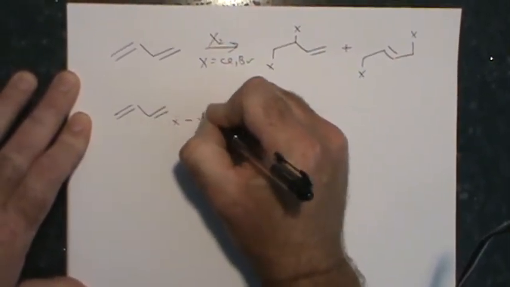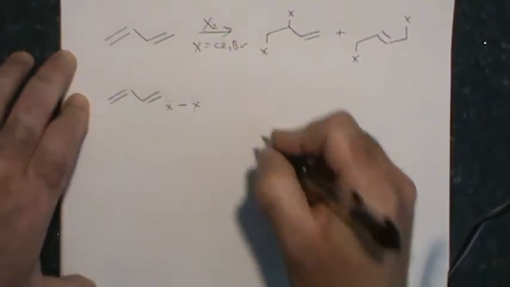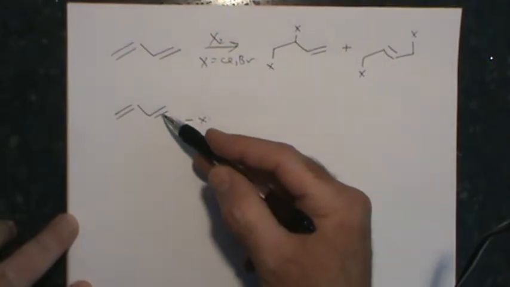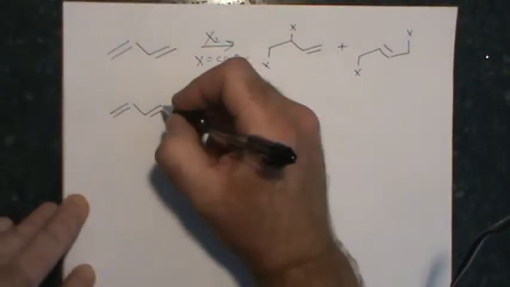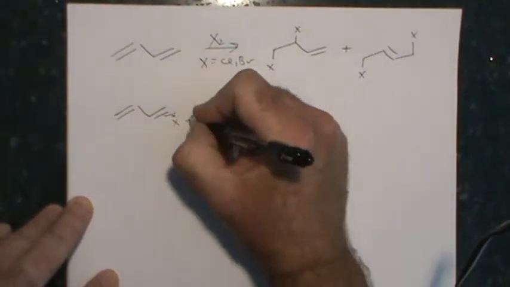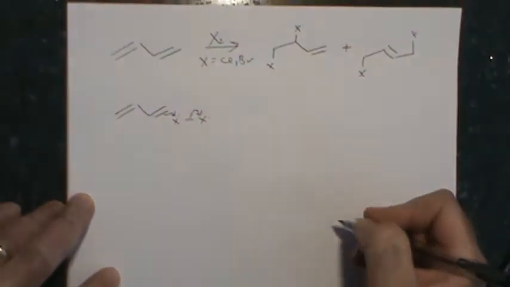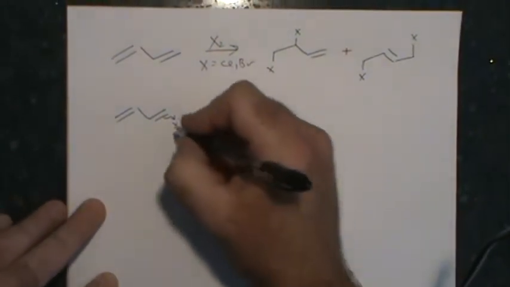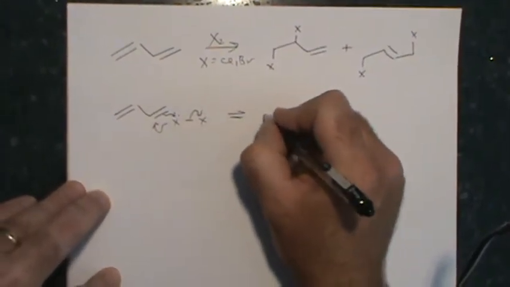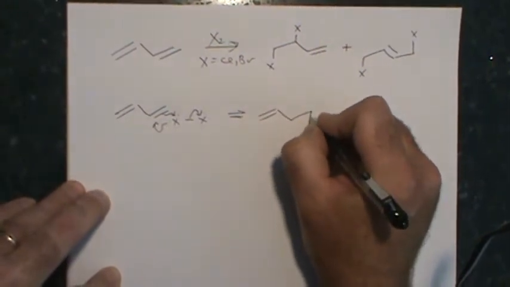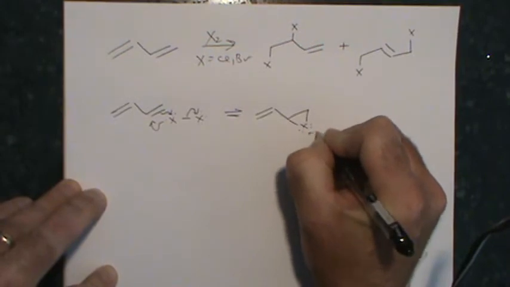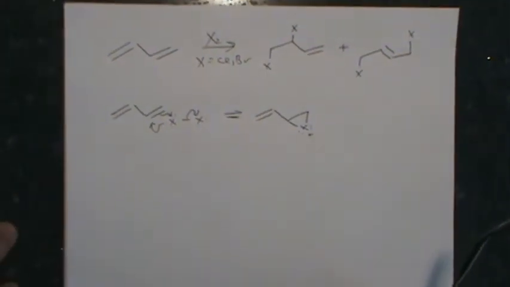We know that as our polarizable halogen molecule approaches the pi bond, the halogen atom that's closest to the pi bond is polarized positive, and it can be attacked by the pi electrons. The relatively weak halogen-halogen single bond can break, and a lone pair on the halogen can bite back down in order to form a species which now should seem somewhat familiar to us because we've seen it so many times, a halonium ion.